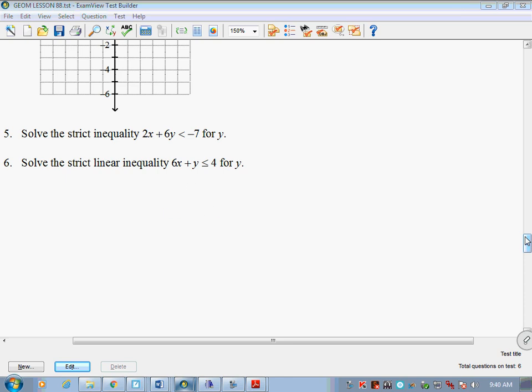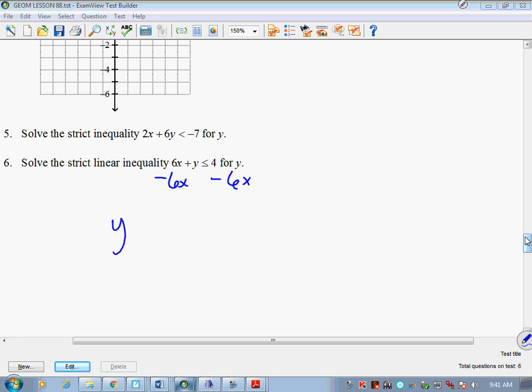All right, essentially the same type of question. I want to solve for y. What's the first thing you do? Solve for y. What do I want to do to solve for y first? Subtract 6x from both sides.